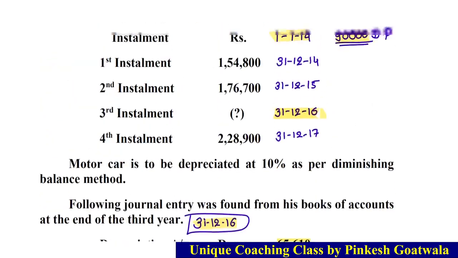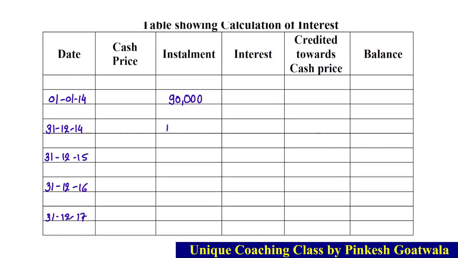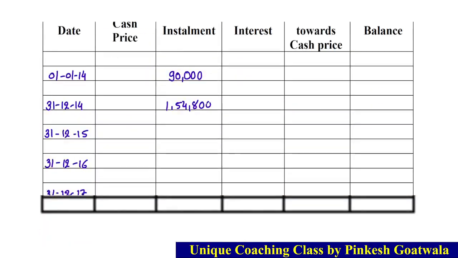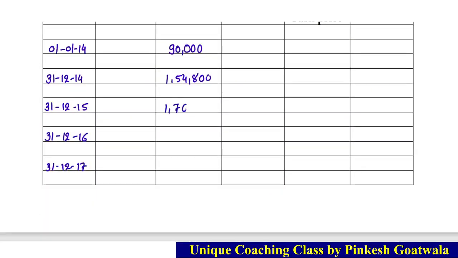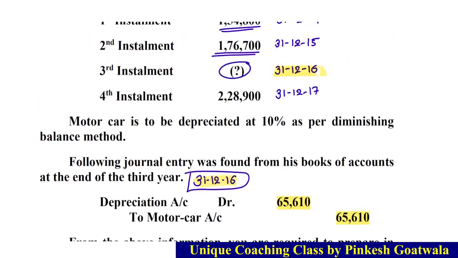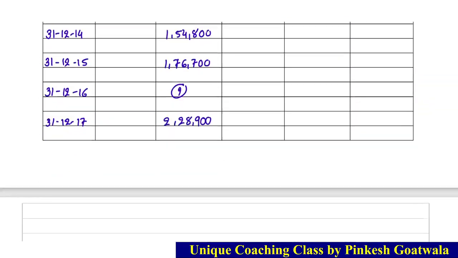Then December 14, 1,54,800. December 15, 1,76,700. And this installment is not given. Look here, 31st December 16, they didn't give the amount of installment. And the fourth installment, 2,28,900. Only this information is available to us.